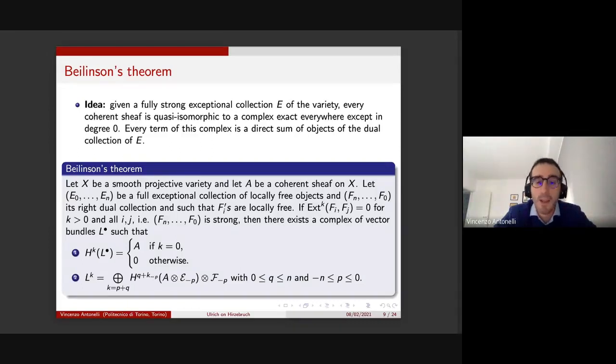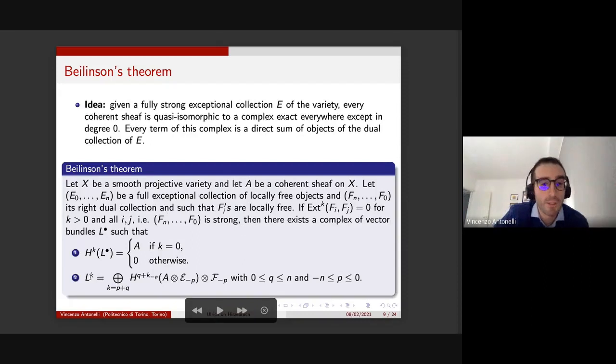So if you have this collection, nice, I'll say nice because it's a bit rare to have these kinds of collections, but in this scenario, then every coherent sheaf of the variety can be described in terms of a complex. So you have a complex of vector bundles, which is exact everywhere except in degree 0. And the cohomology of this complex of vector bundles is exactly the coherent sheaf that you're considering.